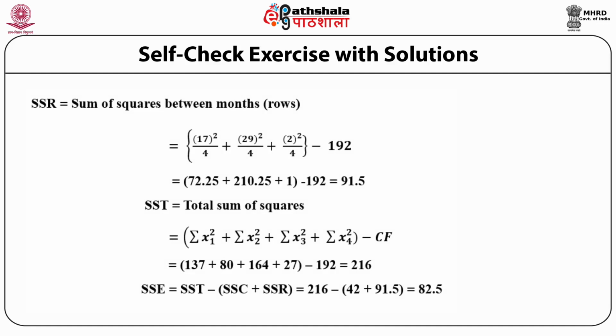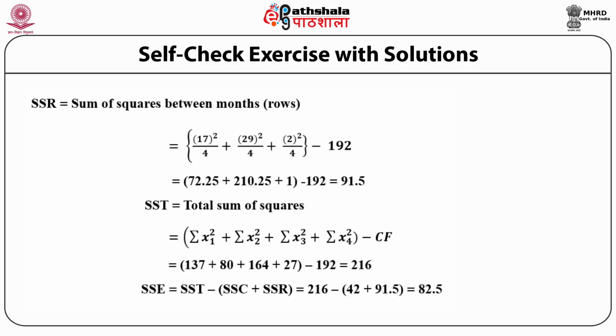Here it is 17 square upon 4 plus 29 square upon 4 plus 2 square upon 4, and subtracting 192, the correction factor, it gives the value 91.5. Now to find the total sum of squares, SST, we add the squares of x1, x2, x3 and x4, that is 137 plus 80 plus 164 plus 27, and subtract the correction factor again, and it makes it 216.